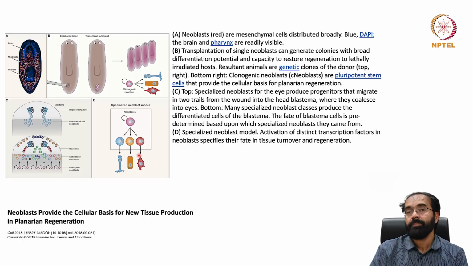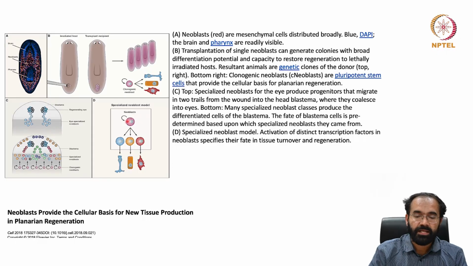So whether the specialized neoblast migration is part of steady state maintenance of that organ or a newly regenerating structure, the job of the specialized neoblast is fixed no matter the situation the animal is in, and it is governed via the transcriptional machinery.